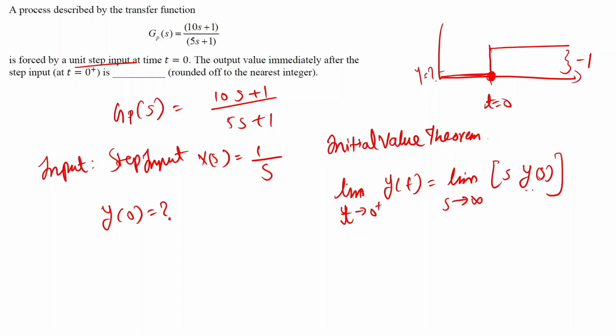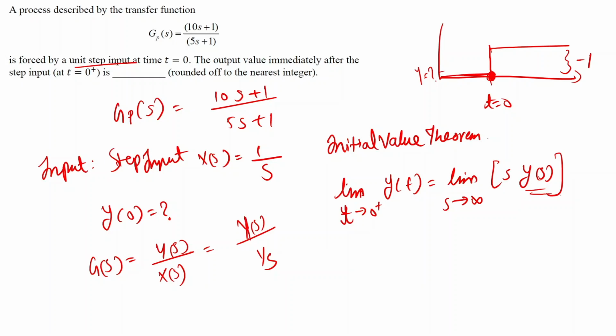So we need to find this y(s), replace it here, then put the value of s as infinity to find the value of y(t), that is the output value. The transfer function we can also write as G(s) = y(s)/x(s), and in this case x(s) we have been given as 1/s.